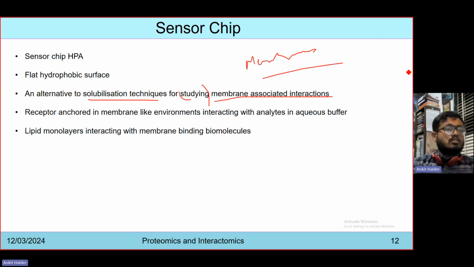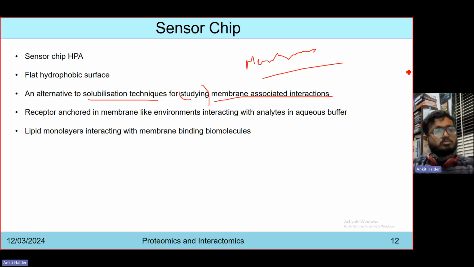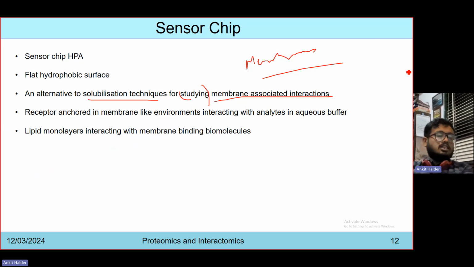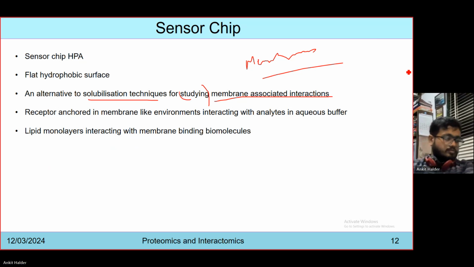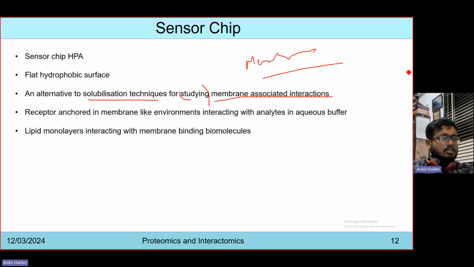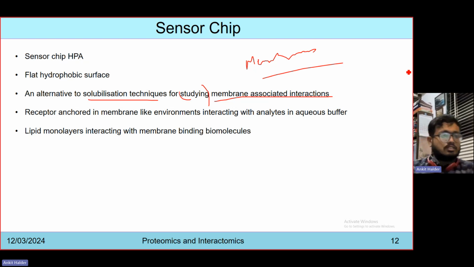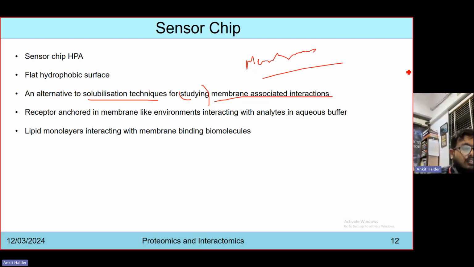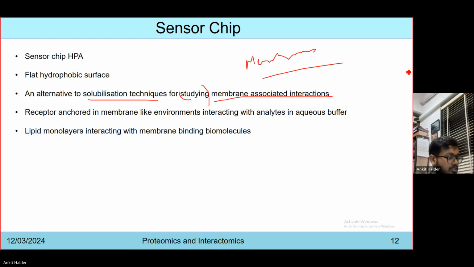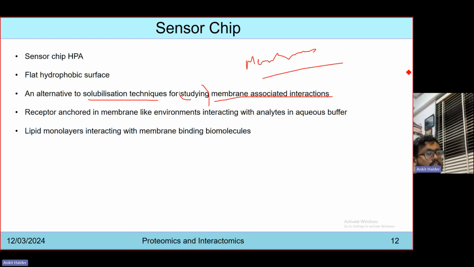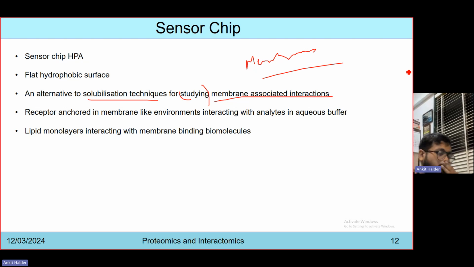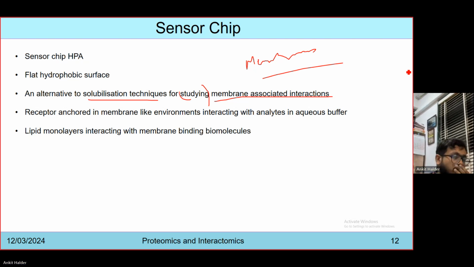So the receptors are anchored in membrane-like environments and interact with the analytes in the aqueous buffer. Now the second thing is the lipid monolayer interacting with the membrane binding biomolecules.